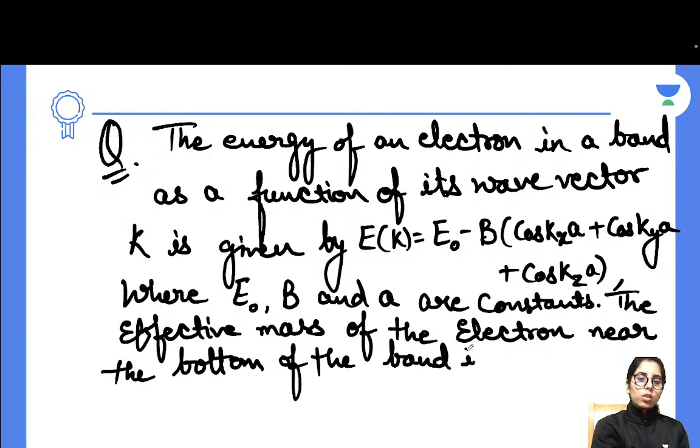That's your question. And the options are: option A, 2 h squared upon 3 B A square.